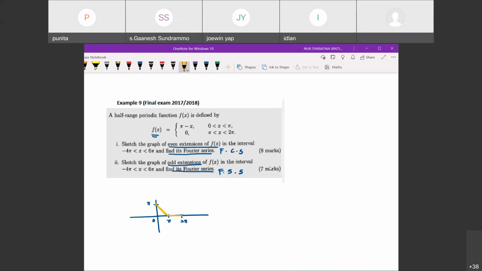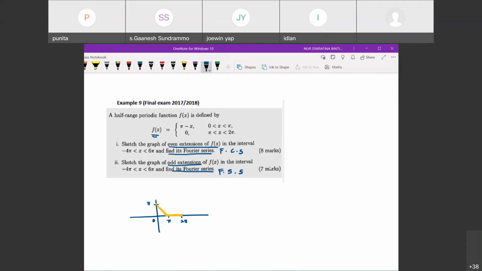Now, this graph can be extended to an even function if it's symmetric about the y-axis in the interval of minus 4 pi to 6 pi. So you just have to plot the repeated graph from minus 4 pi to 6 pi.